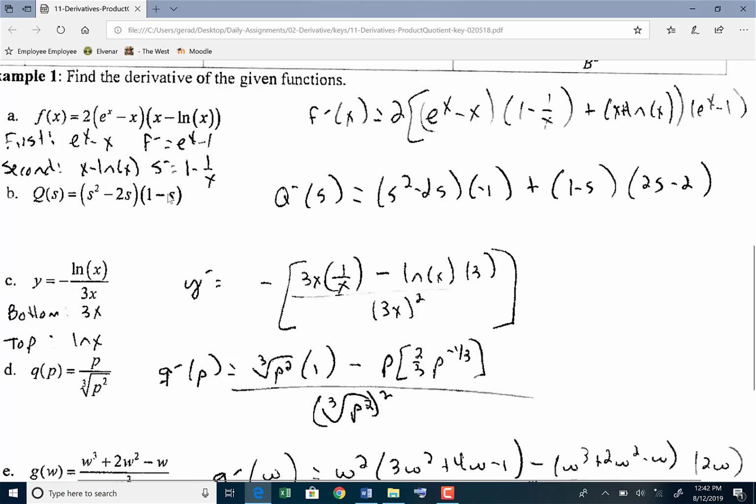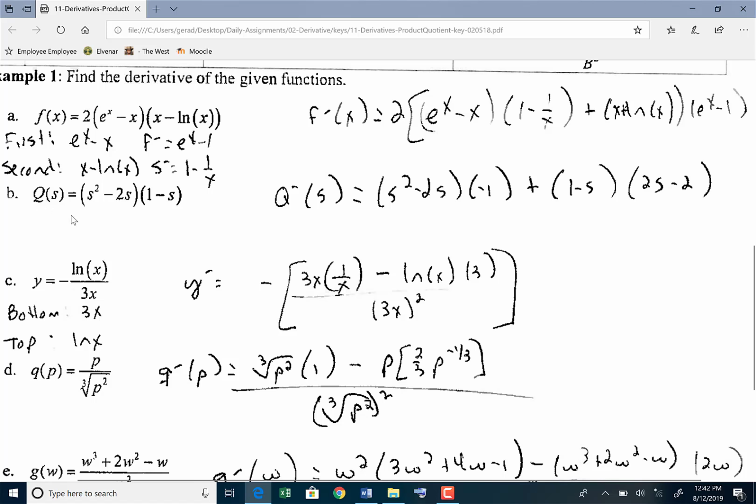Derivative of natural log of x is the special rule, 1 divided by x. Then you put it in their positions for the product rule. Big old 2 out in front, big old square bracket, so it's multiplied by everything. The first function, unchanged, times the derivative of the second function, plus the second function unchanged times the derivative of the first function.